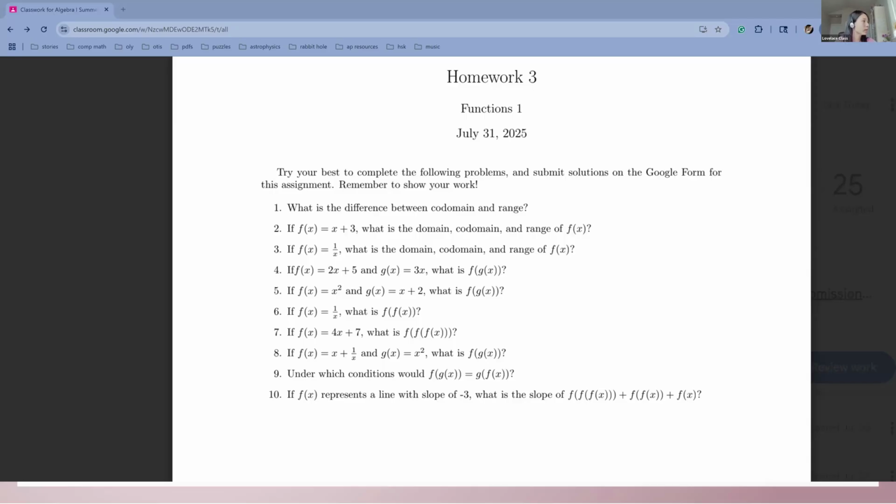Question 3 is a bit tricky because 1 over x is not a very nice function in terms of polynomials, because it's not a polynomial, right? If I can graph f of x, can you guys see that? Sorry, I'm doing this with my mouse. Yeah, so the graph of f of x is kind of funny. It's like this.